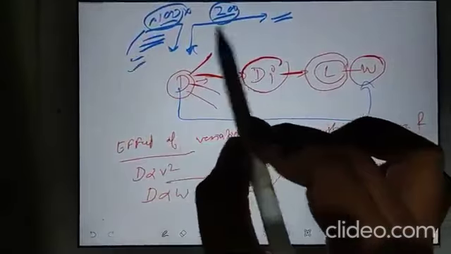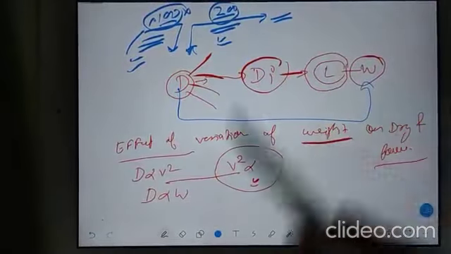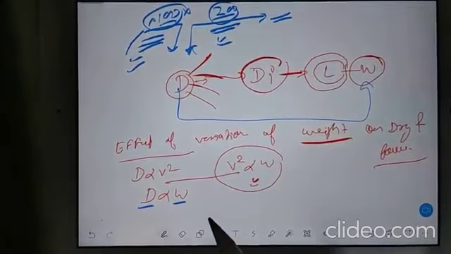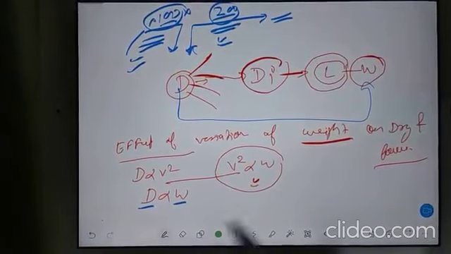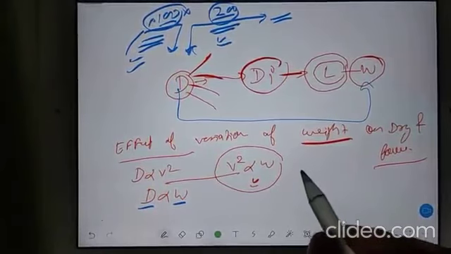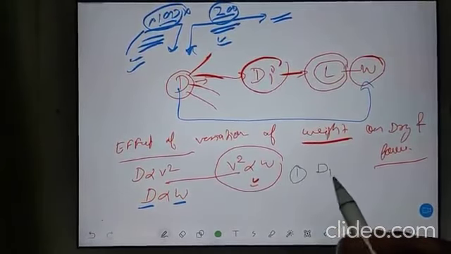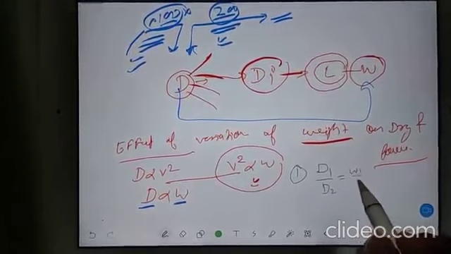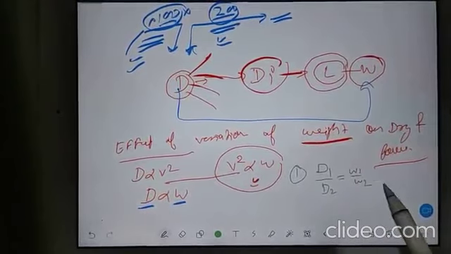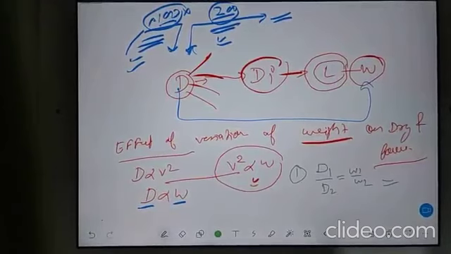So weight changed, and in this flight drag will be something else. So drag is directly proportional to weight. Now you develop a relation, equation 1: D1 by D2 is equal to W1 by W2. Copy this down. Now the relation of power.